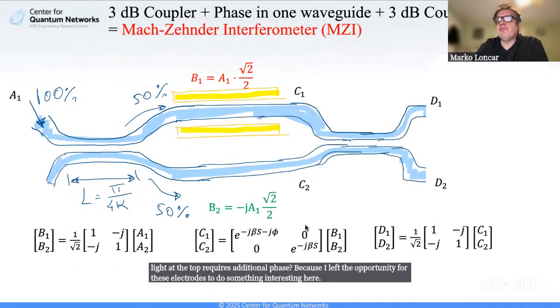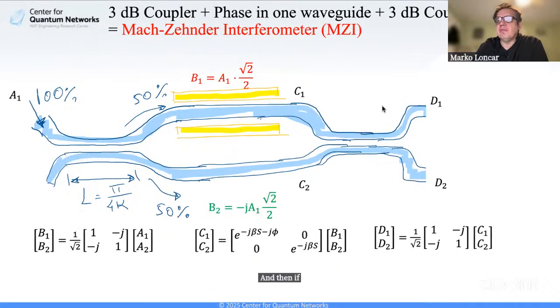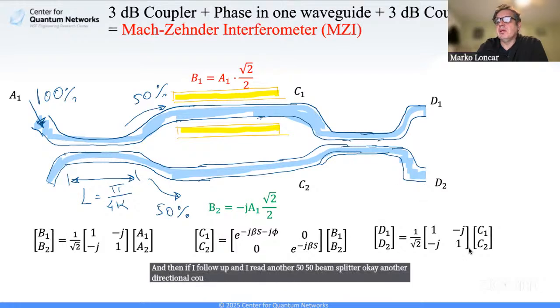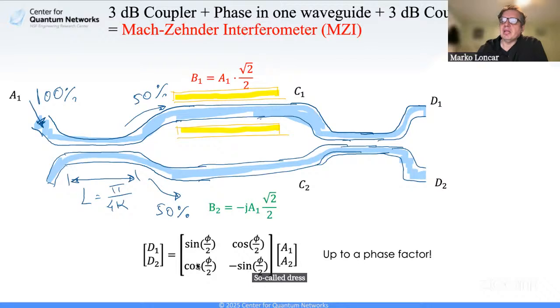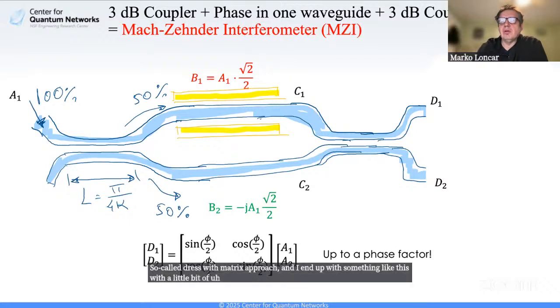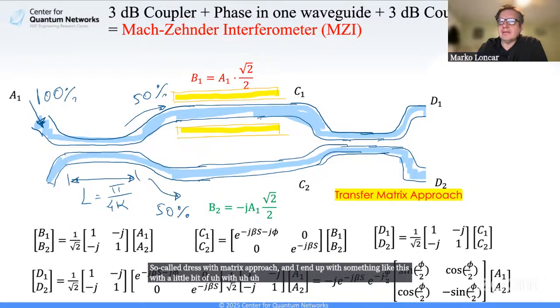Okay, and then if I follow up with another 50-50 beam splitter, another directional coupler which has the same matrix as the first one, then I have described this system completely, and I can find the electric field at the output as a function of the electric field at the input. I just multiply these matrices, the so-called transfer matrix approach, and I end up with something like this with a little bit of math, okay?